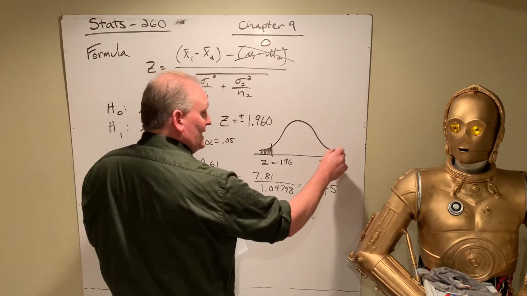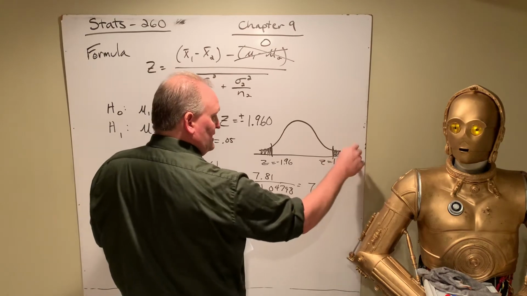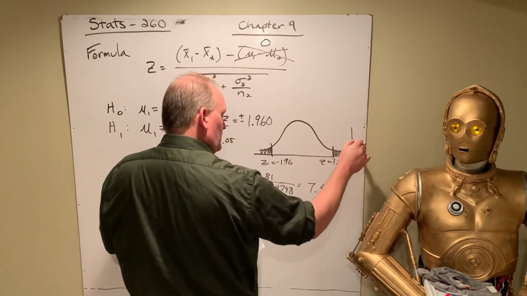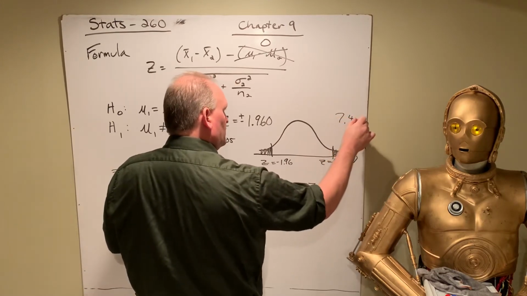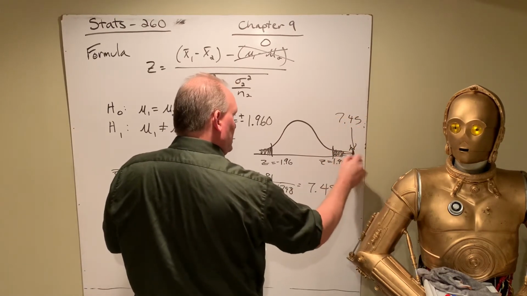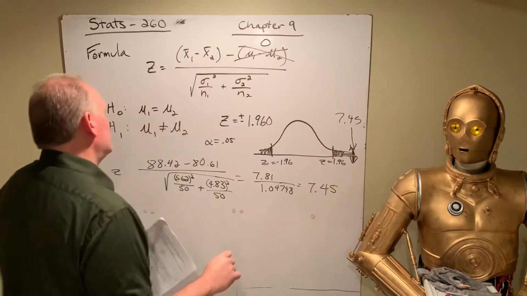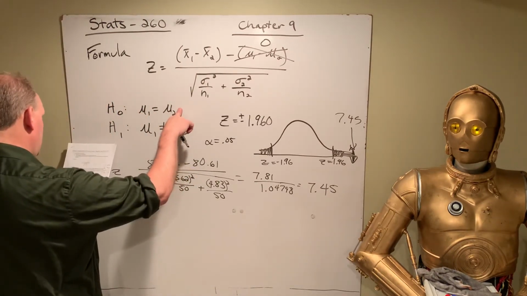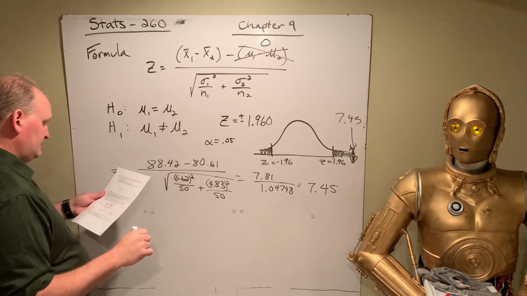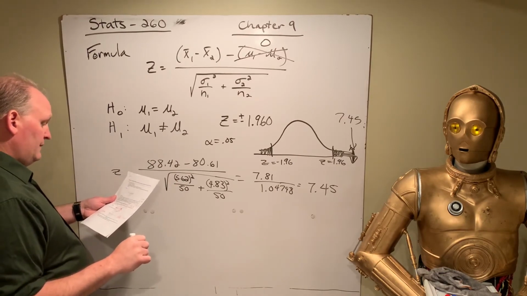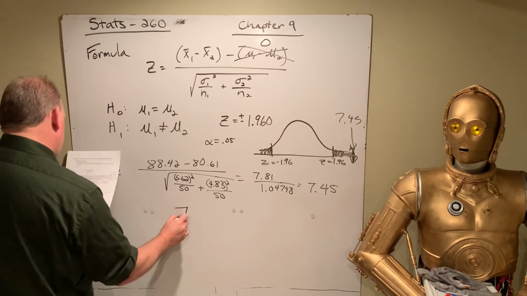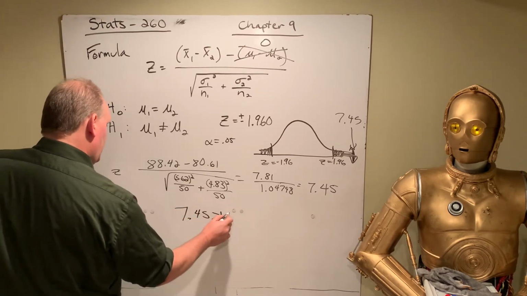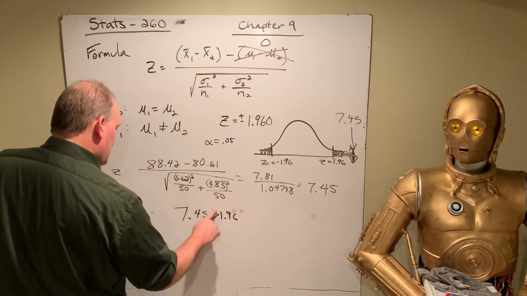All right, well, it had to breach 1.96, and it's way over here, 7.45. So it is definitely in the shaded area. So we are going to reject the null hypothesis since 7.45 is greater than 1.96 by a lot.